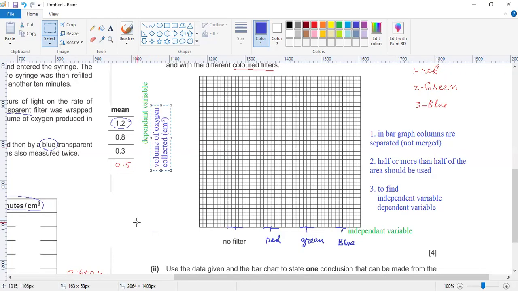And now we have to put the values. First, we will see what scale we should take.